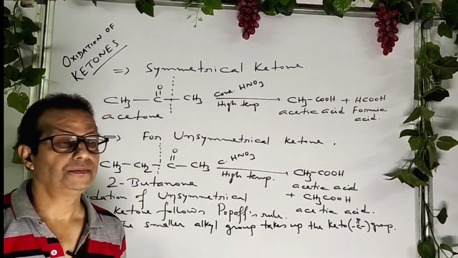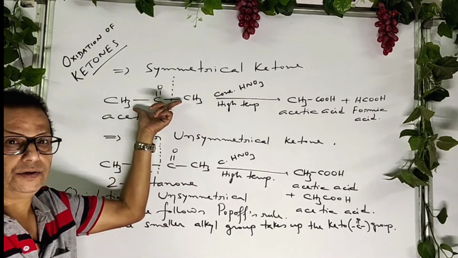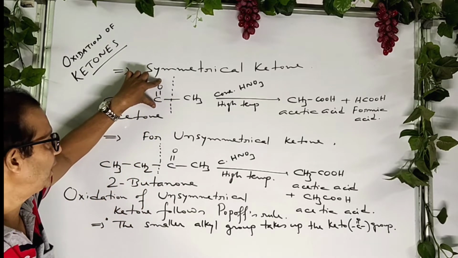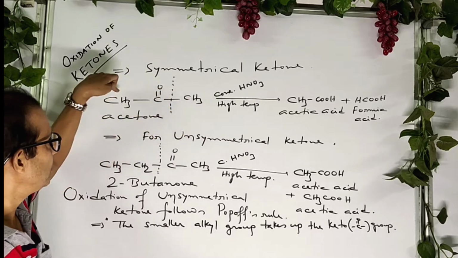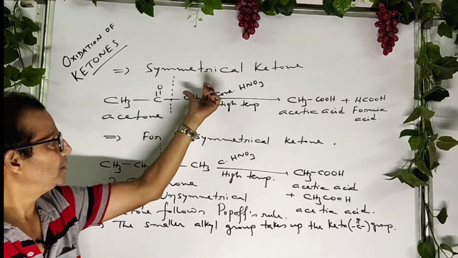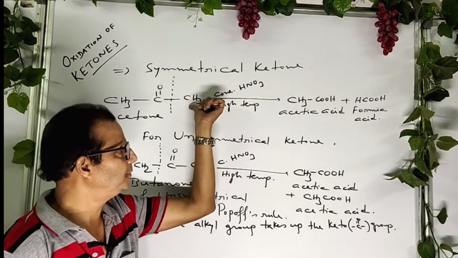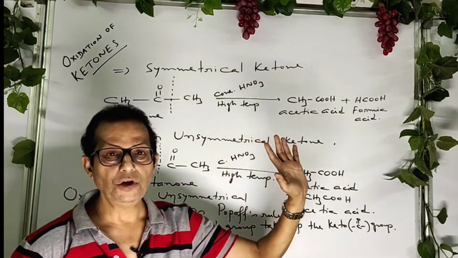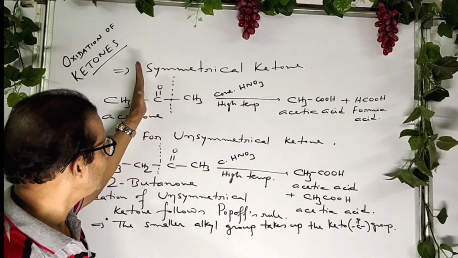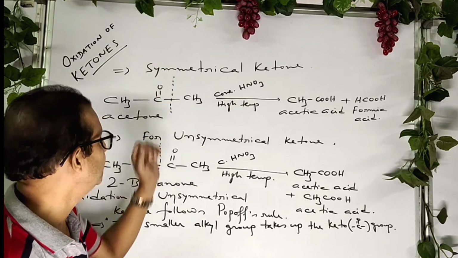So you see, this is a symmetrical ketone because the keto group contains the same number of carbon atoms on both sides. During the oxidation of symmetrical ketone, no rule is followed. You can break at any site of the keto group, either this or this, because it is a symmetrical ketone.